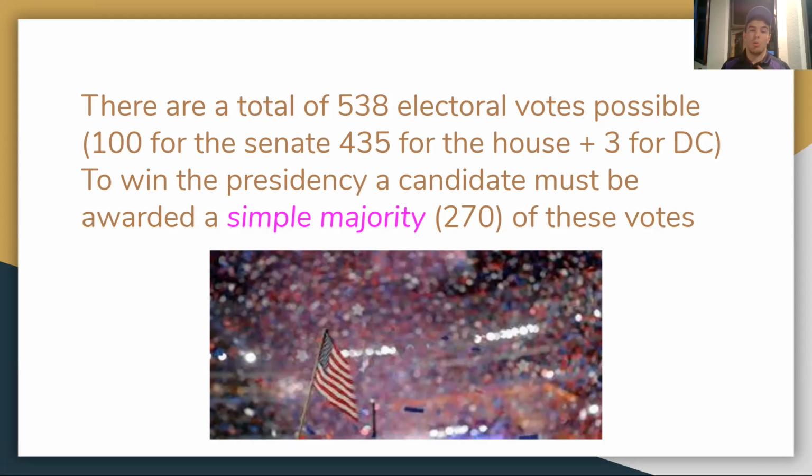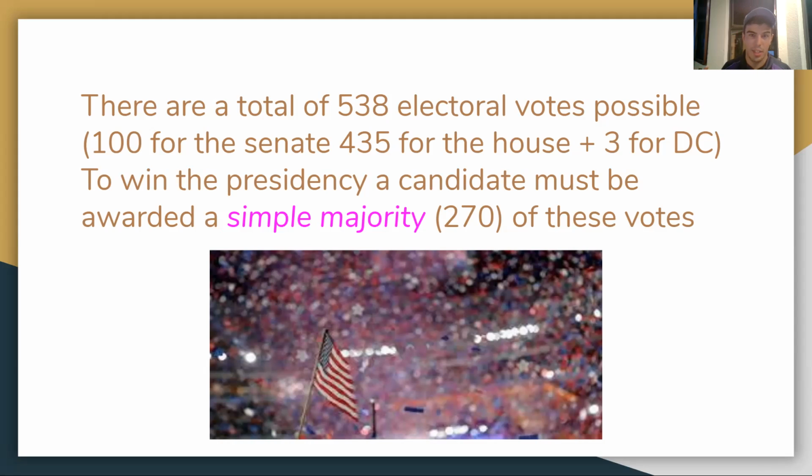So to win the presidency, a candidate has to have a simple majority. Now, simple majority means just more than half of the total. So it's not like 2/3 or 3/4. If it's 100, then you only need 51 for a simple majority.